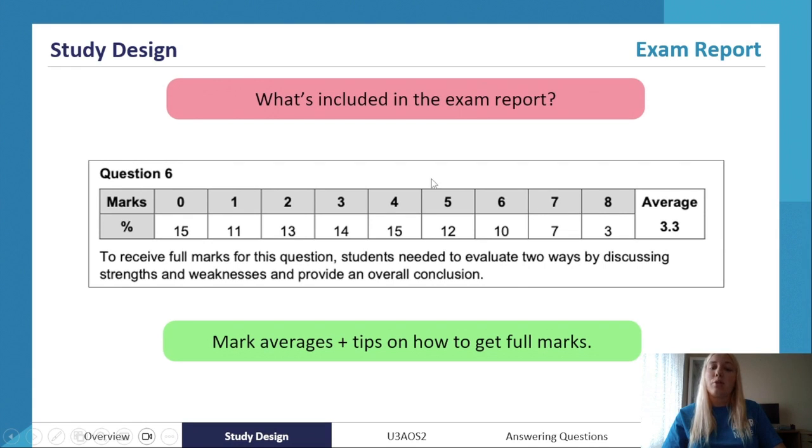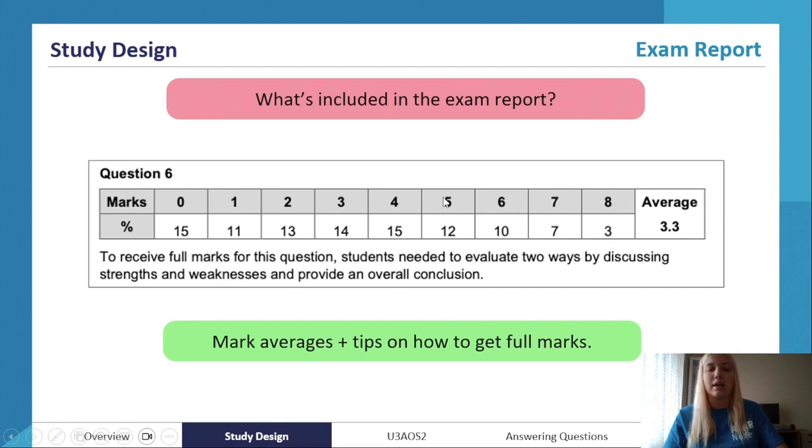Because this question would be holistically marked, as it's an extended response question, meaning marked on the quality of the overall response, even if you included all the correct points and enough points, it's also about how strong your arguments and your strengths and weaknesses are, how much you went into detail, and how selective you were with the strengths and weaknesses that you chose. That's why only 3% of students were awarded the full marks for the question.